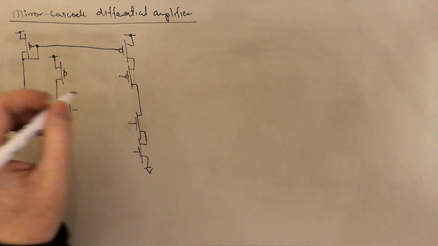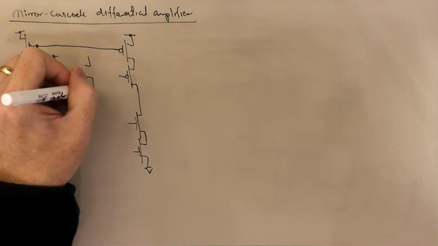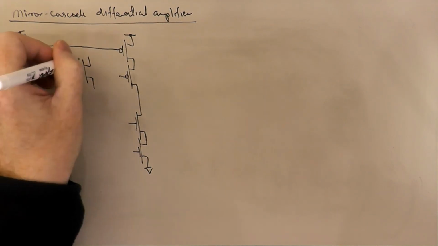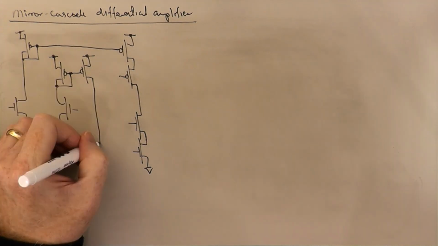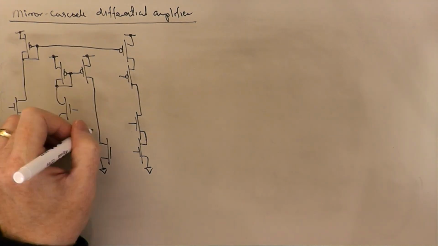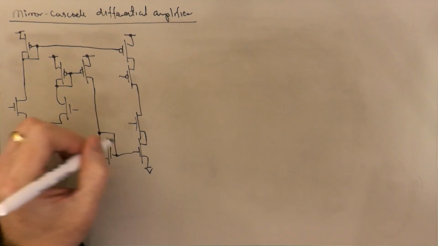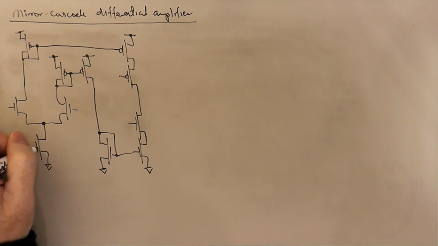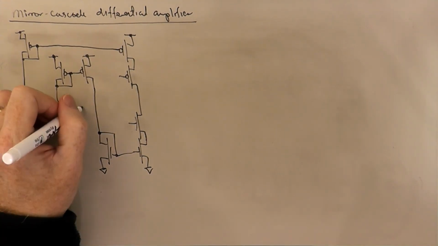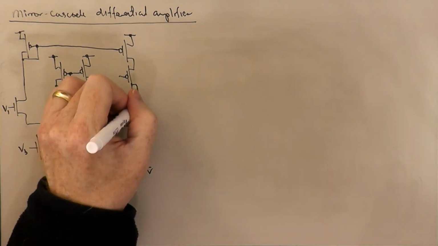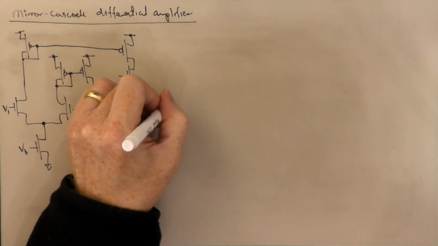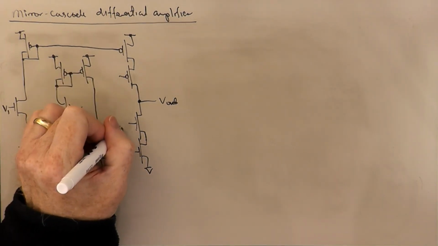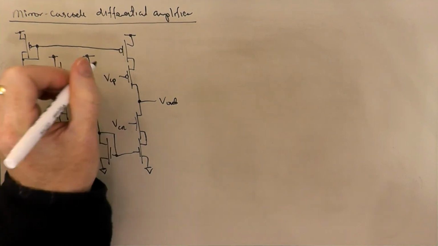So these are the 2 cascode transistors, and then we have our current mirror there, current mirror here. We can call this VCN and VCP.